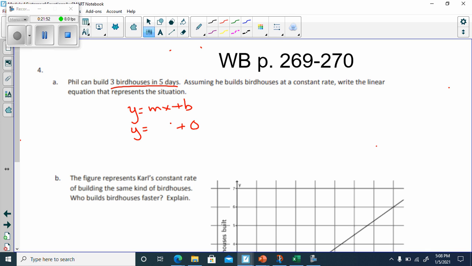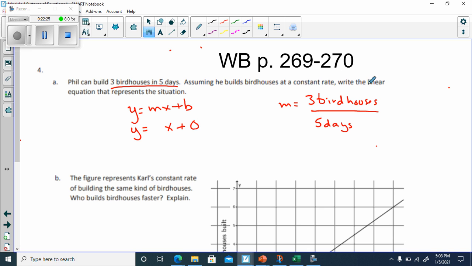Y is equal to, and our m is our rate of change: 3 birdhouses in 5 days. If we make this into a unit rate so we could compare them, I would divide 3 by 5, and you get 0.6.